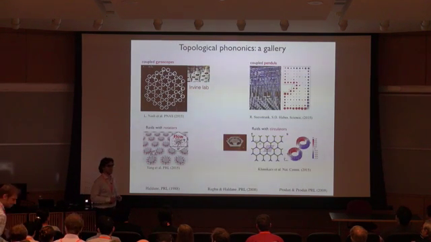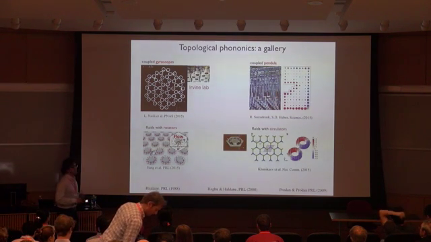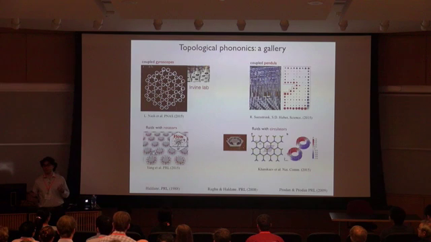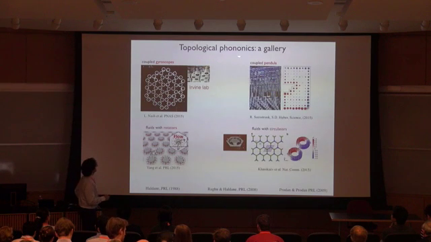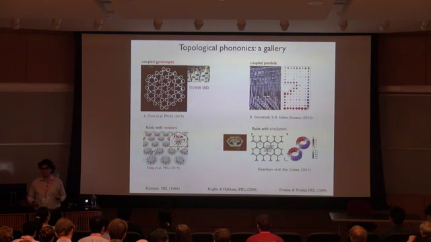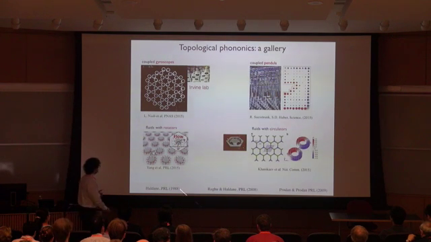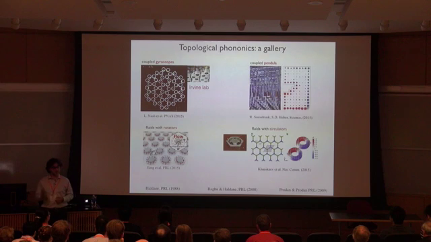But what has happened in the last few years is that several people have been busy exploring the connection between these ideas that originated in the physics of electronic system in the context of phononics, or if you like, acoustics, mechanics. Okay? And there are many suggestions in recent time on how to use the principle of topological protection in acoustics.